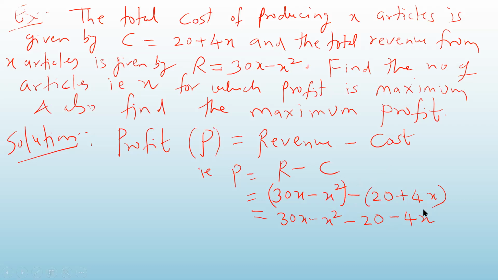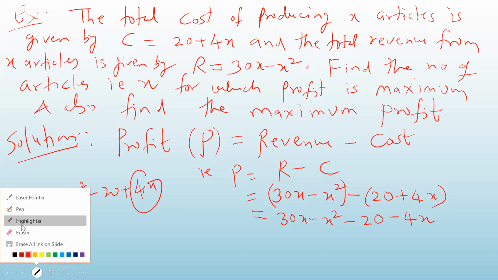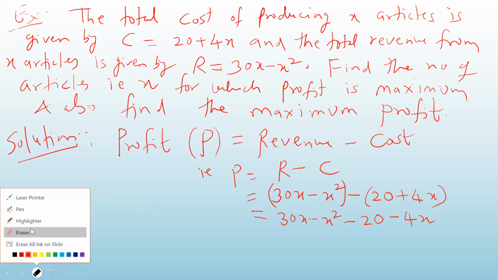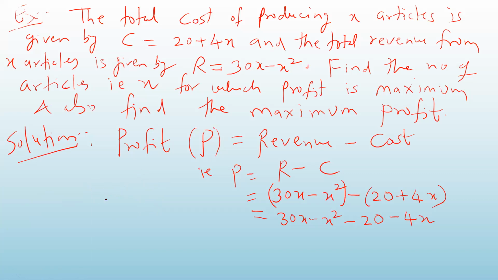They don't put a bracket here, and so they take this 4x with a plus sign. See, if you don't put a bracket, you will write like this, minus C, C is 20 plus 4x. So this 4x will remain with a plus sign, and that will give you a wrong answer. So always remember that whenever there is more than one term, you always use the bracket to avoid mistakes in the calculation.